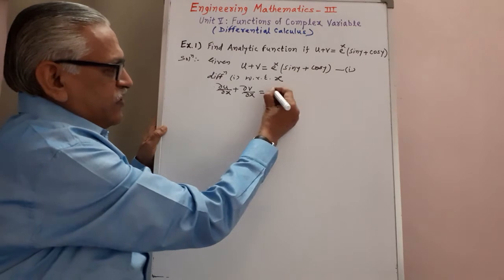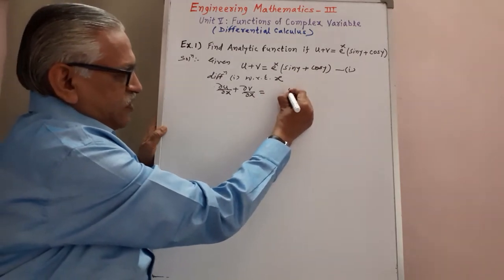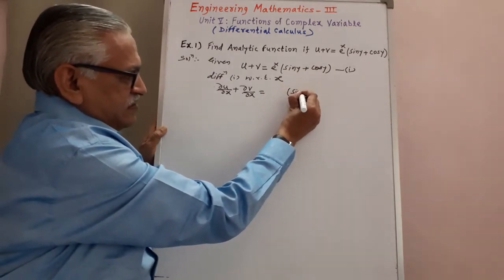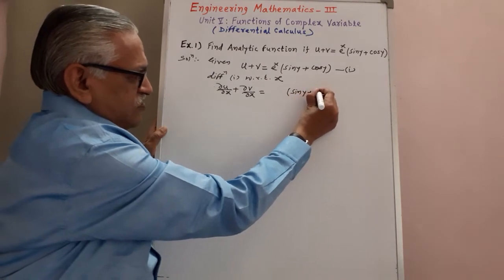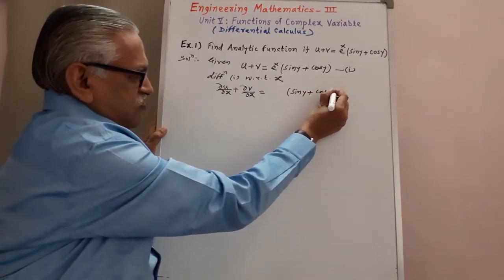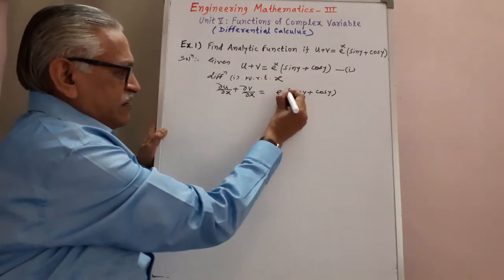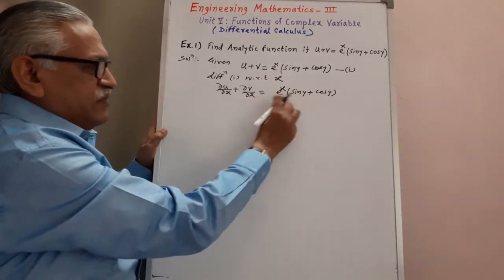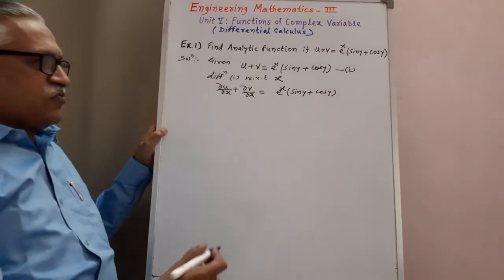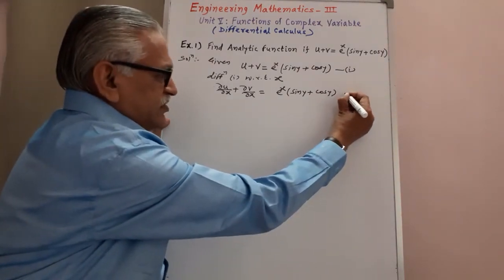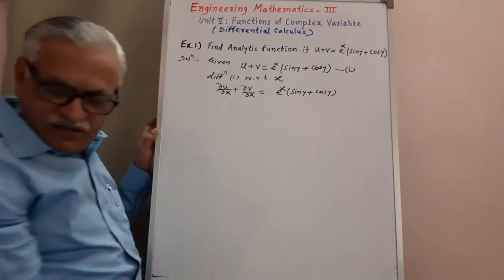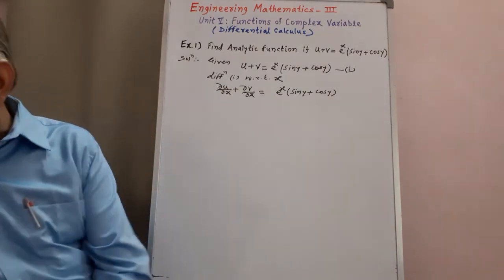This (sin y plus cos y) is a constant term, so we take it outside, and the derivative of e raised to x is e raised to x. Therefore, that term becomes e raised to x into (sin y plus cos y). We call this equation 2.